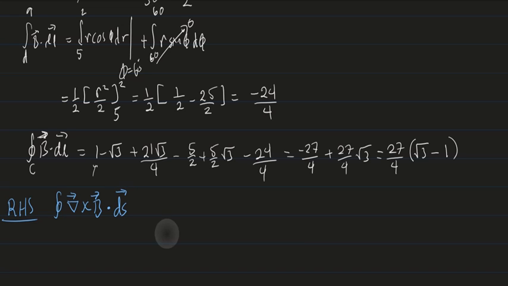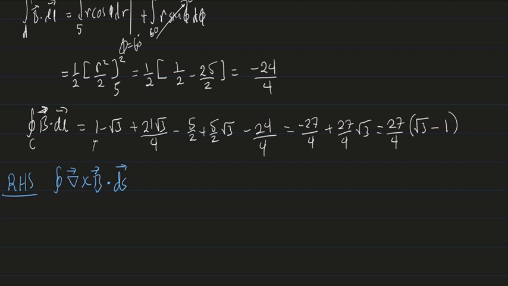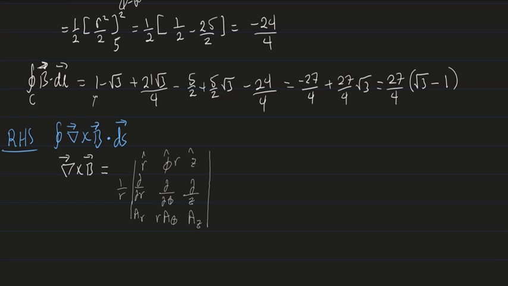And for that I need first to calculate the curl of B. And I need to use the formula for the cylindrical coordinates. And going back to the formula sheet or the book, you can find that this is equal to this.